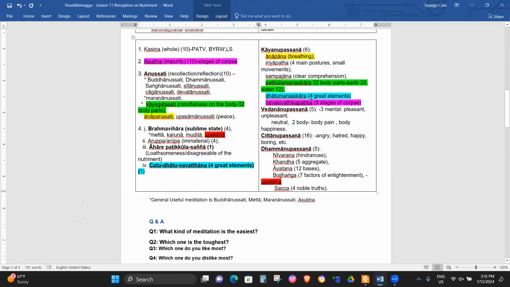How about for Vipassana? Do you try? Yes, I do the Maranasati, but I don't know why it's in Samatha only. I thought you focus on death, and then you see the impermanence, the aging, death. When you see the impermanence on the breath, you are more on the Vipassana. Anapanasati you can take as samatha, but then you just focus on the breath.